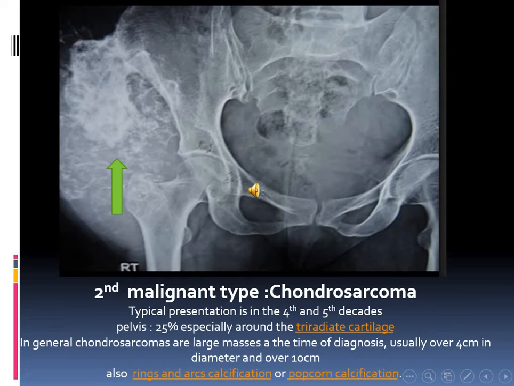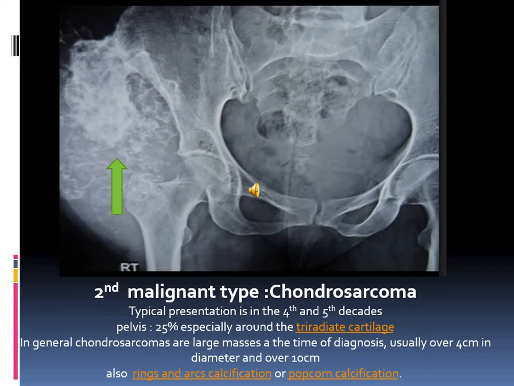Another type of bone tumor is that which arises from the cartilage, and the example is chondrosarcoma. Usually in this slide we can see a large mass, usually in the soft tissue surrounding the bone. Because it originates mainly from the cartilage, it usually shows the type of calcification which is specific for cartilage.